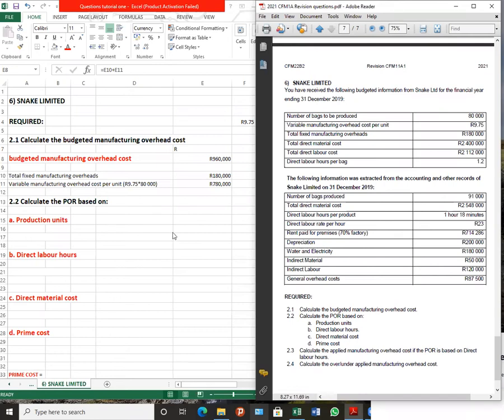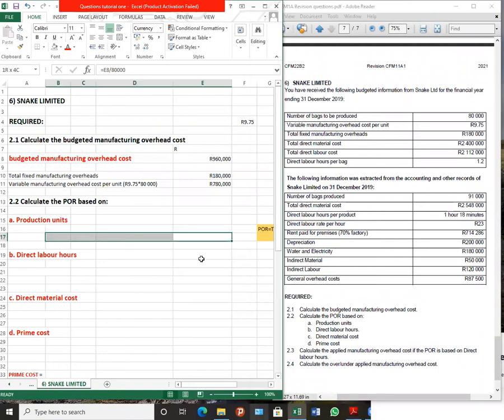Then we get our POR of 12 rand. Correct. And then for direct labor hour?